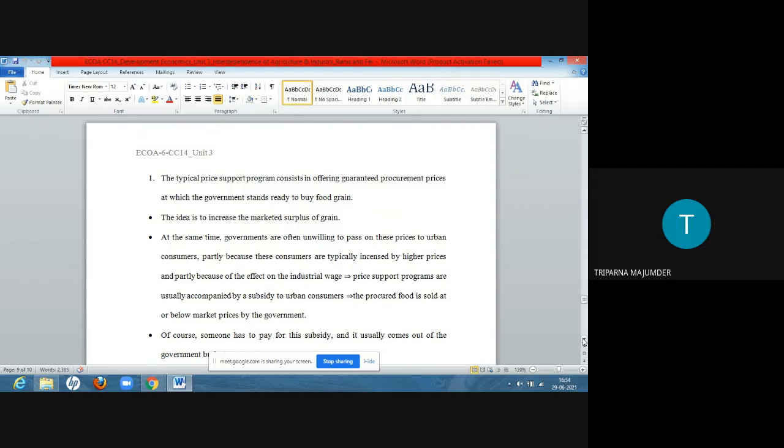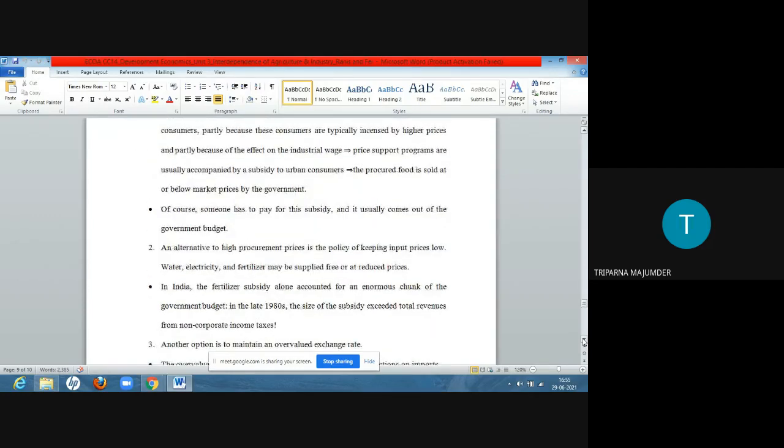It implies that price support programs are usually accompanied by a subsidy to urban consumers. What does it mean? It means that the procured food is sold at or below market prices by the government. Of course, someone has to pay for this subsidy, and it usually comes out of the government budget.